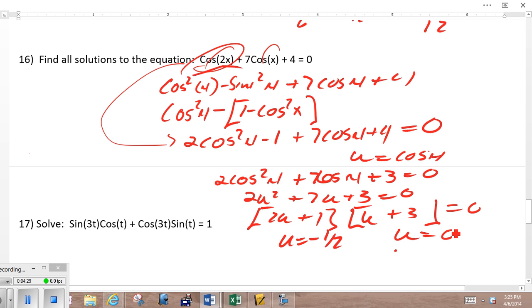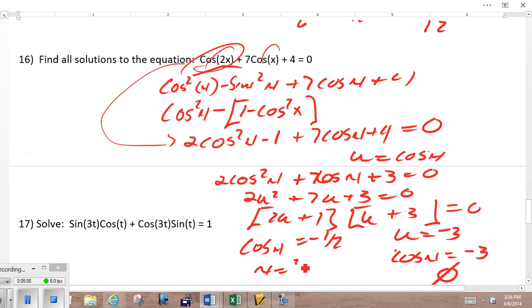U is equal to negative 3, which is the cosine of x equaling negative 3, which can never happen, so that's an empty set. And then this is the cosine of x equaling a negative half, which is what, in quadrant 2 with a reference angle of pi over 3.